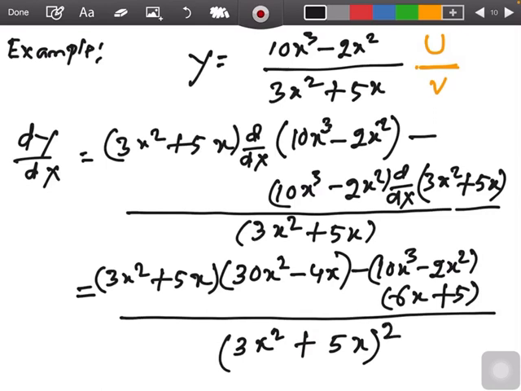Because it is v square, so you have to take the whole square always. Because denominator में जो formula है v square, so it will be whole square.